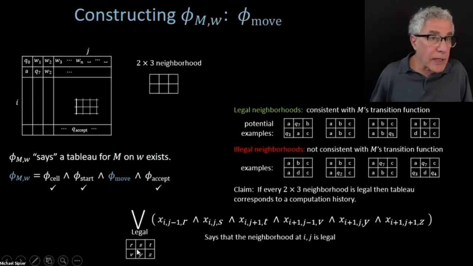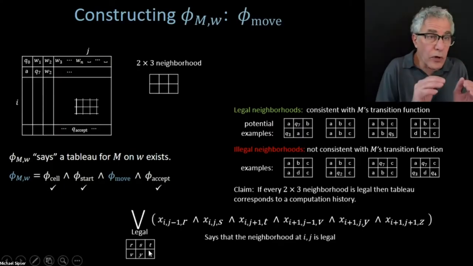And I'm going to say that the cell in the upper left, which would be this one, is an R, and this one here is an S, and this one is a T, and this one is a V. If you just trace down what the indices are telling you, it says that piece of the Tableau here is set according to one of the possible legal settings.